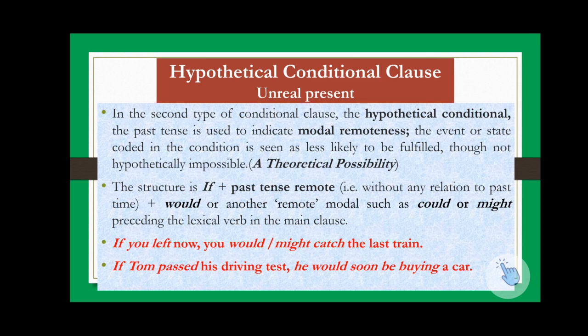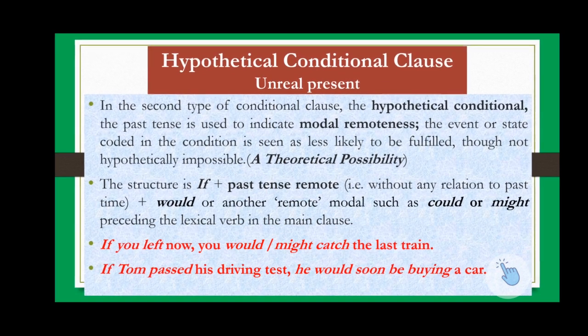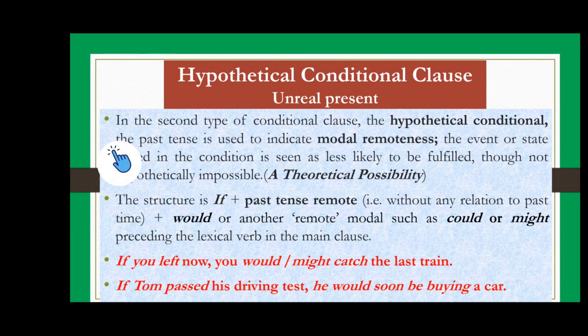In the second type of conditional clause, the hypothetical conditional, the past tense is used to indicate modal remoteness. It means that using this clause, we talk about being away from reality. You can see here that it indicates modal remoteness. Remoteness means that we are away from reality, that is unreal.